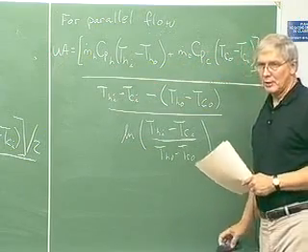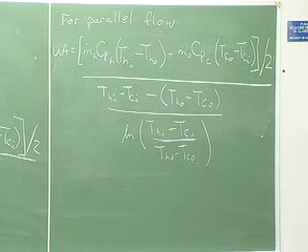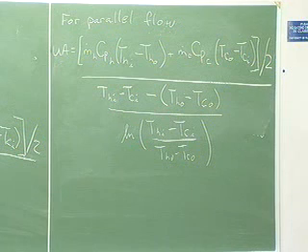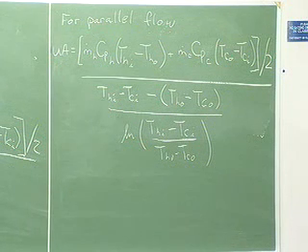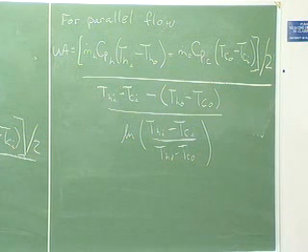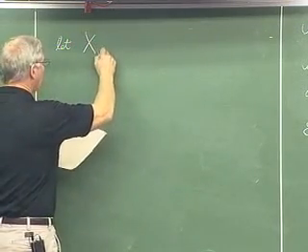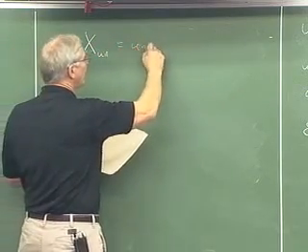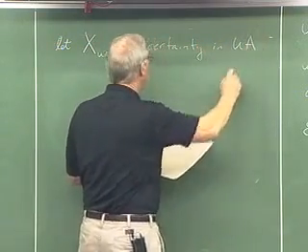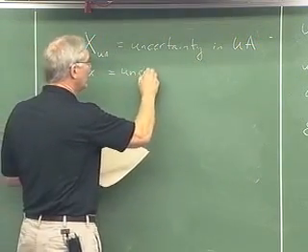All right, to get the uncertainty, we're going to use the root sum square method. Let's come over here. Okay, so let big X_UA equal the uncertainty in UA, and then we'll let little x equal the uncertainty in each measurement.